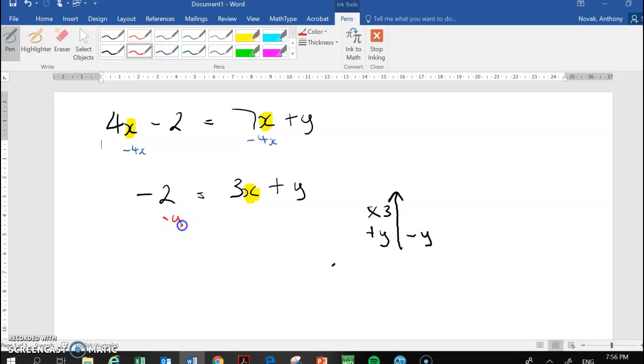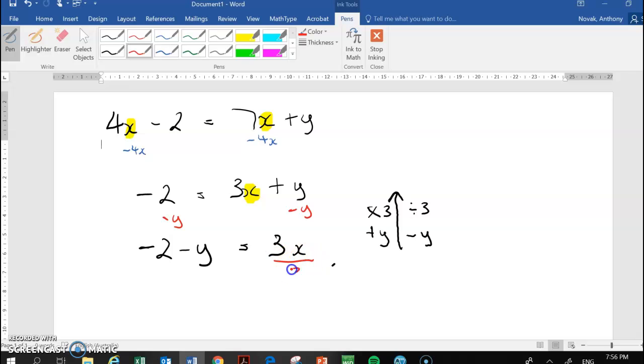So we minus y, and that cancels out and leaves us with minus 2 minus y equals 3x. Then we need to do the opposite of times 3, which is divide by 3. Remember, the first thing that we do is the last thing we get rid of, and we divide by 3.